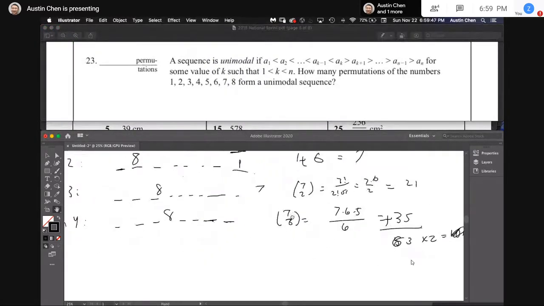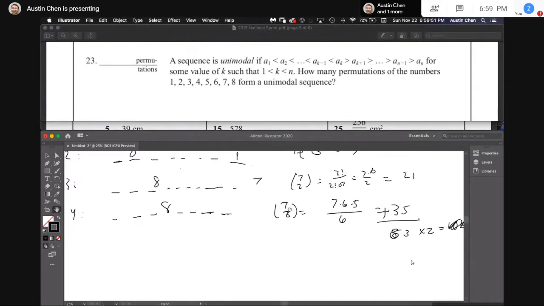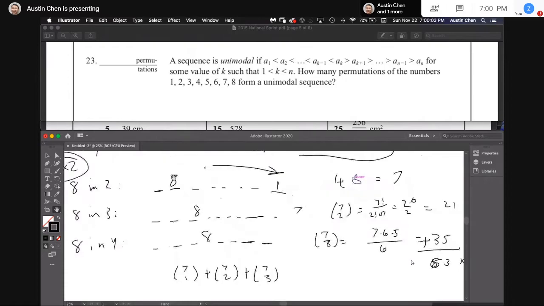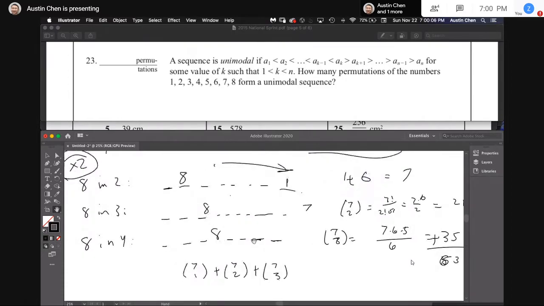Also, one thing you might notice is that here we have 7 choose 1 plus 7 choose 2 plus 7 choose 3 for 8 in the first, second, third, and fourth position, right?